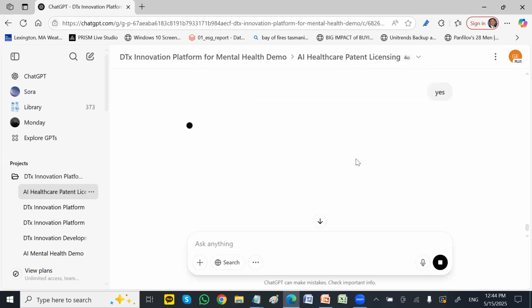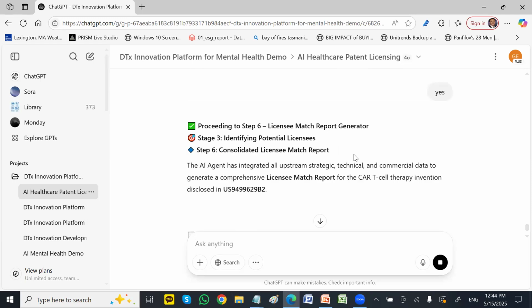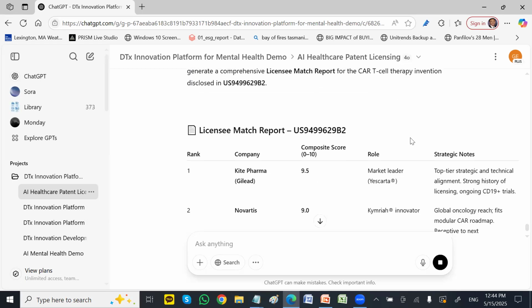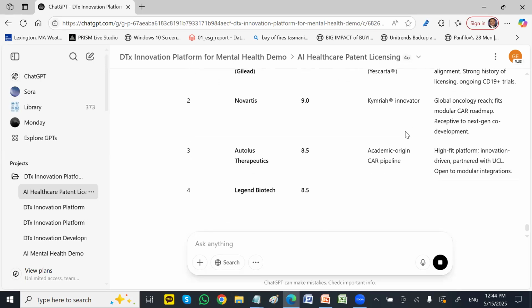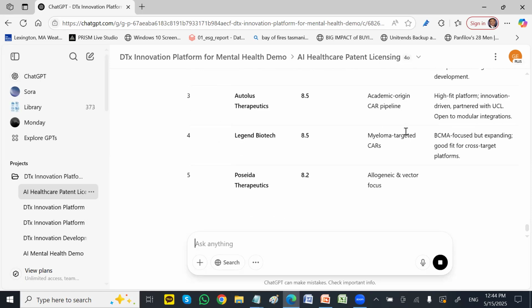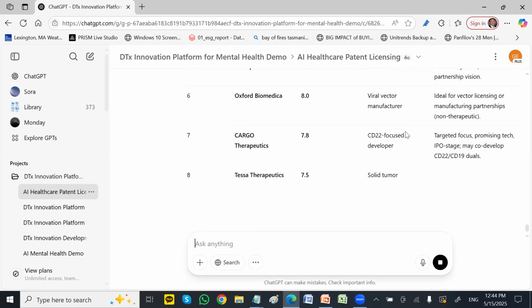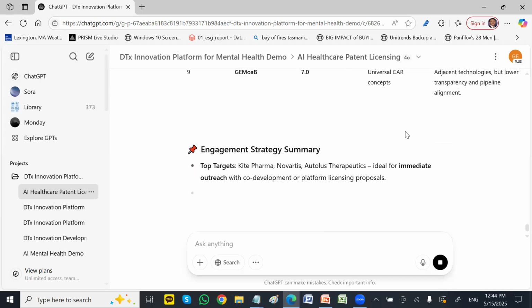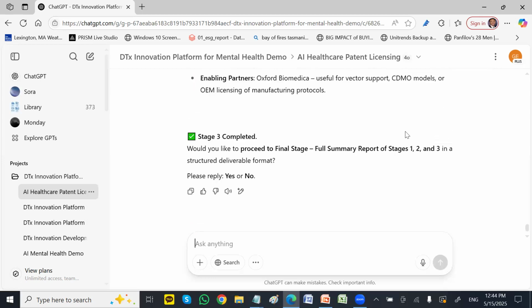And then it gives you the license match report. It gives you quantification. And then the final report.